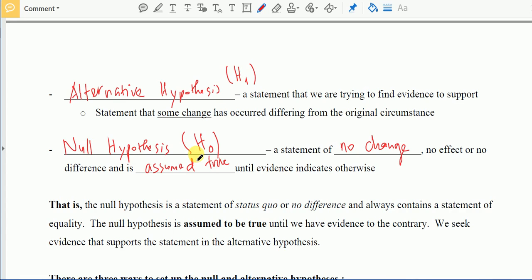That means we already have some facts, some data that something is true, and we call that the null hypothesis. However, if you look at that and you don't think this claim or fact makes sense, then you suggest another claim, the alternative hypothesis, and your job is to use another evidence to prove that the existing data or existing fact is not true.